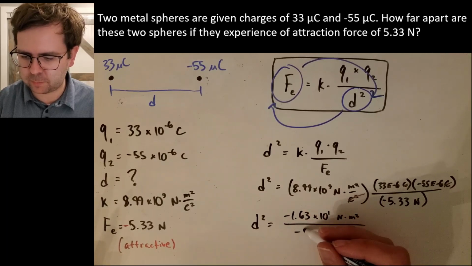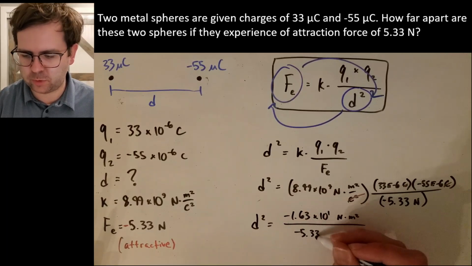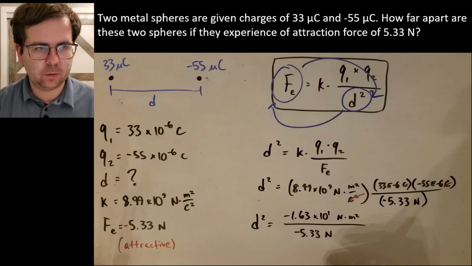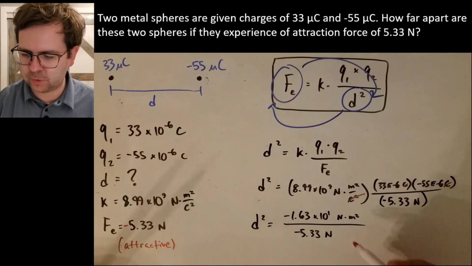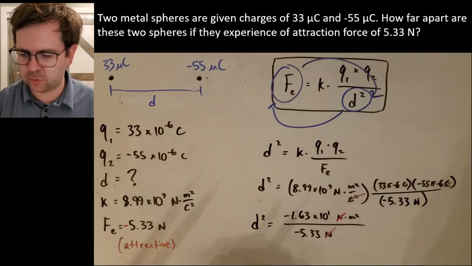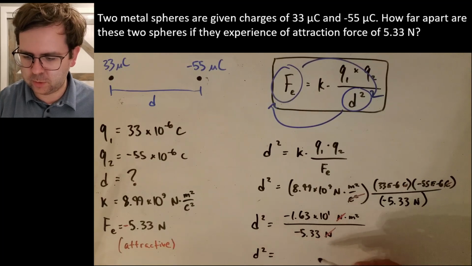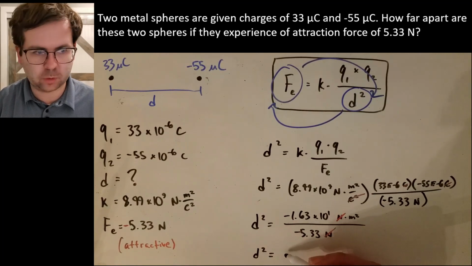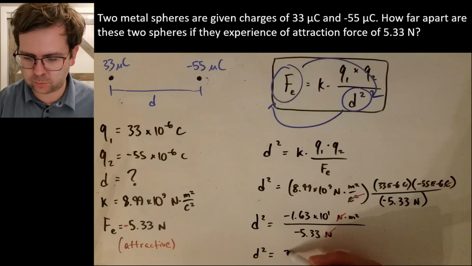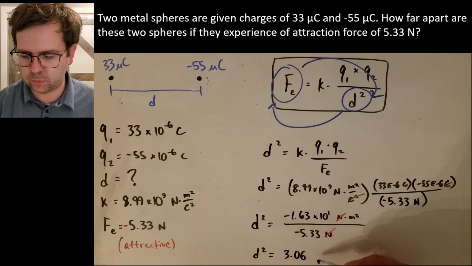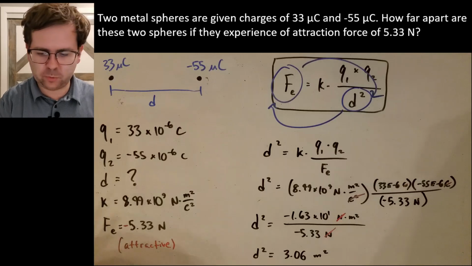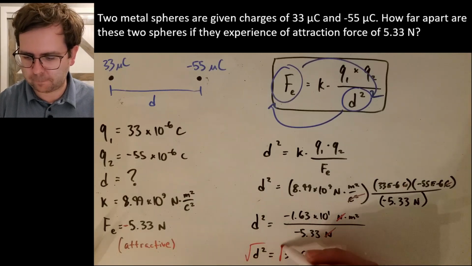And then I'm going to divide that by negative 5.33 newtons. Okay, so as I divide, I'm going to cancel out the newtons there. And so that leaves me with distance squared equals 3.06 meters squared.